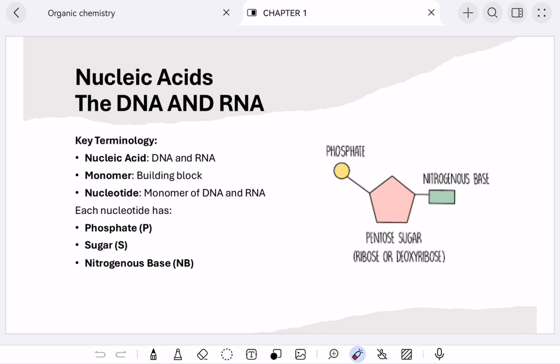We say that nucleic acids, DNA and RNA, are made up of building blocks or monomers, and the building blocks of DNA and RNA are called nucleotides. Each nucleotide consists of a phosphate ion, a sugar portion, and a nitrogenous base.